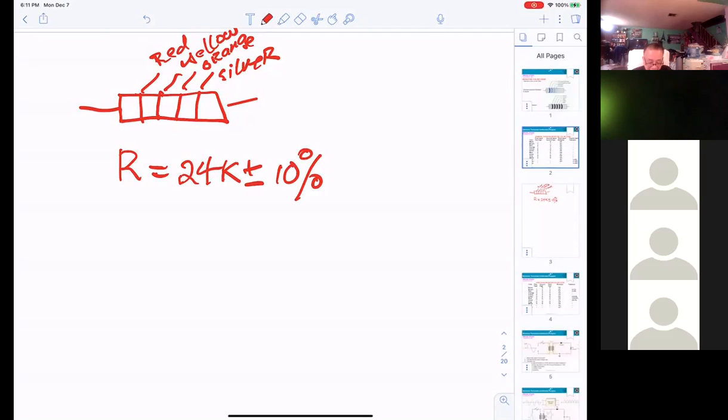Now, when you get R equals 24K plus or minus 10%, what is the maximum? It's 10% times 24,000, and whatever number you get, you add it to 24K. That's the max. 26.4, 24K plus 10% of 24, right? Exactly, yes. 26.4.